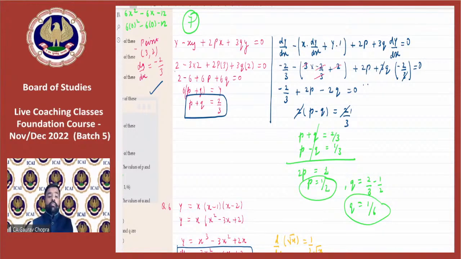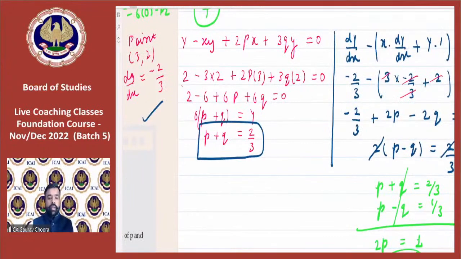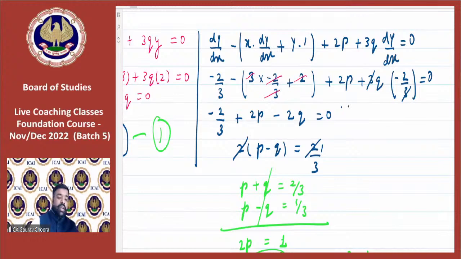So in this question overall, what we have done is the main equation was given. Point was also given. Point means the value of x and y. So we inserted the value of x and y and got the equation between P and Q, the first equation. After that, the gradient is given. So that is why we calculated the derivative, and after the derivative, we input the value of dy by dx, x as well as y.